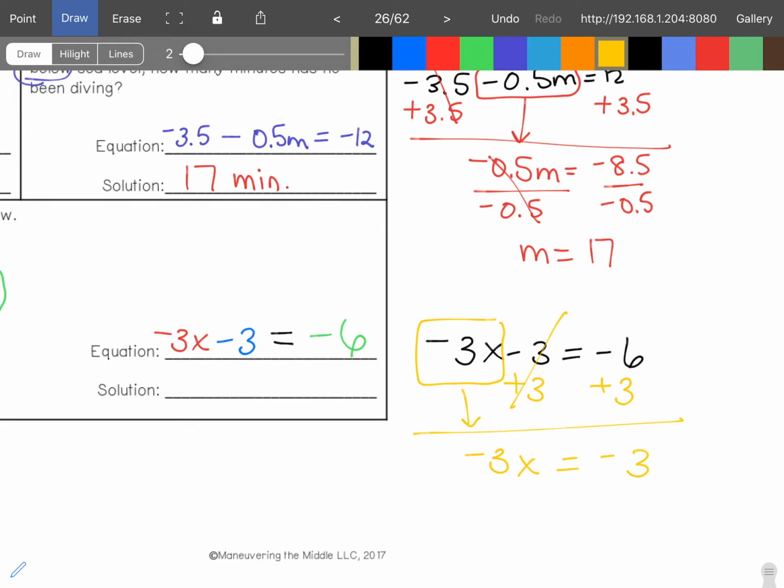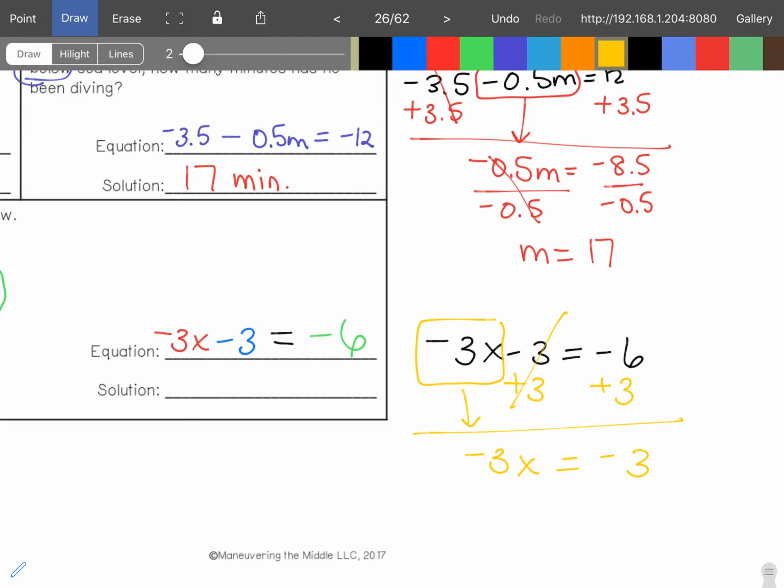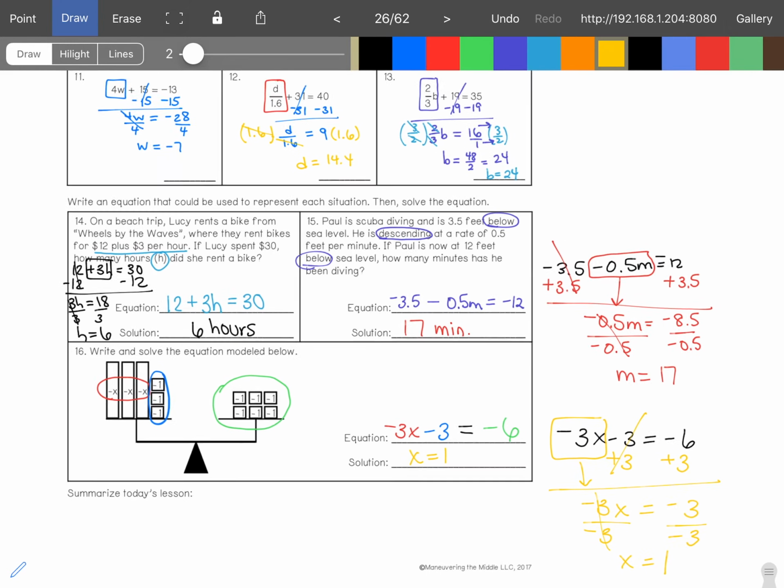It would be negative 3, and then get rid of this coefficient. That's negative 3 times x, so the opposite would be to do multiplication. That is multiplication, so we're going to do division. We're going to divide by what we see on both sides. And so x equals negative 3 divided by negative 3, which would be positive 1. So the solution is x equals 1.